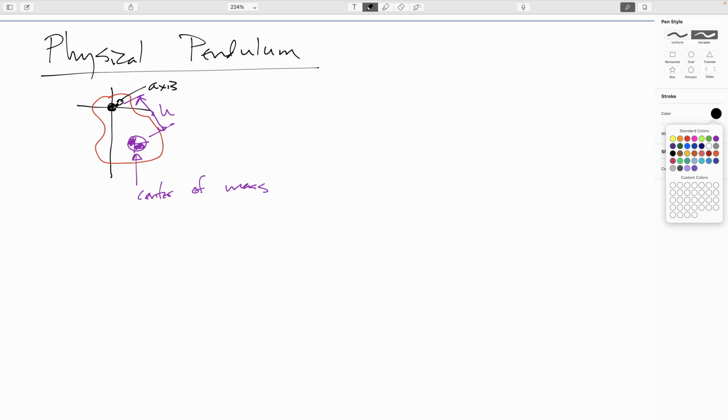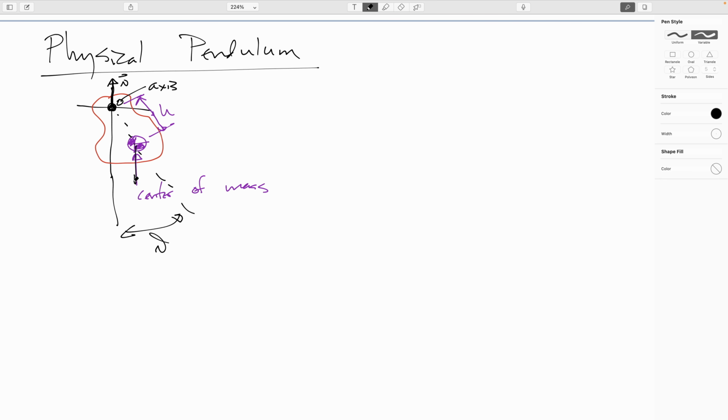And so we'll look at this and say that we are being twisted through some angle theta, like so. Well, there are two forces acting on the problem. There will be a normal force from the pivot, like so, and there will be a force of gravity that acts at the center of mass.